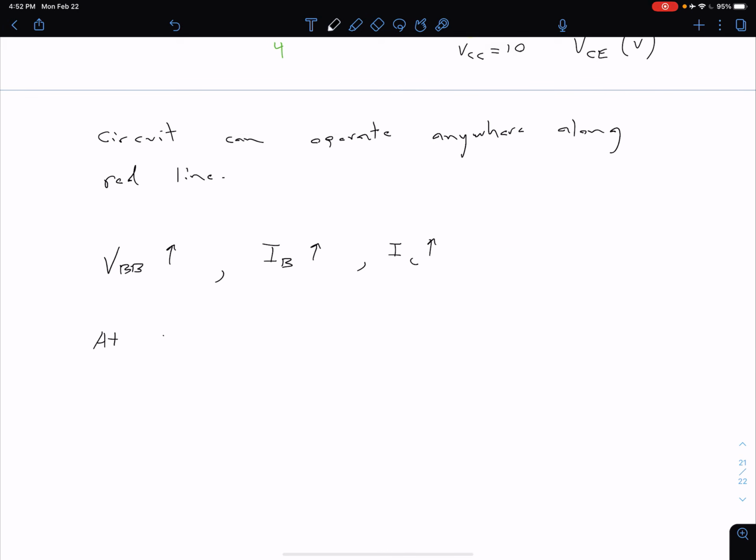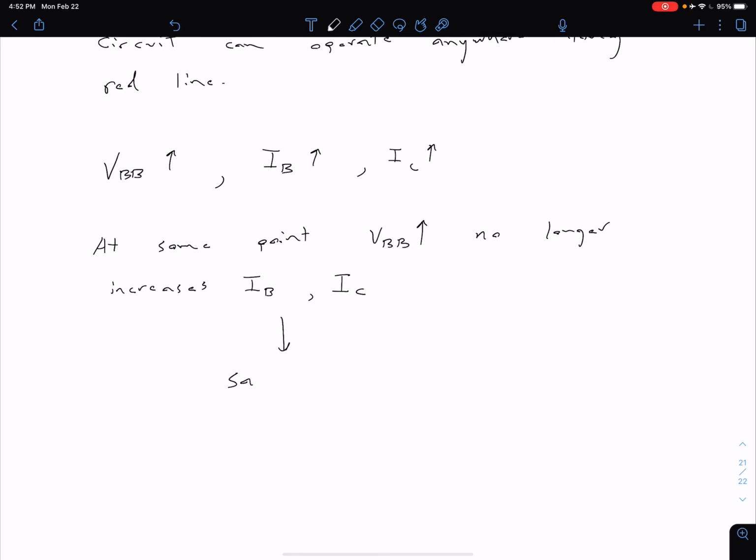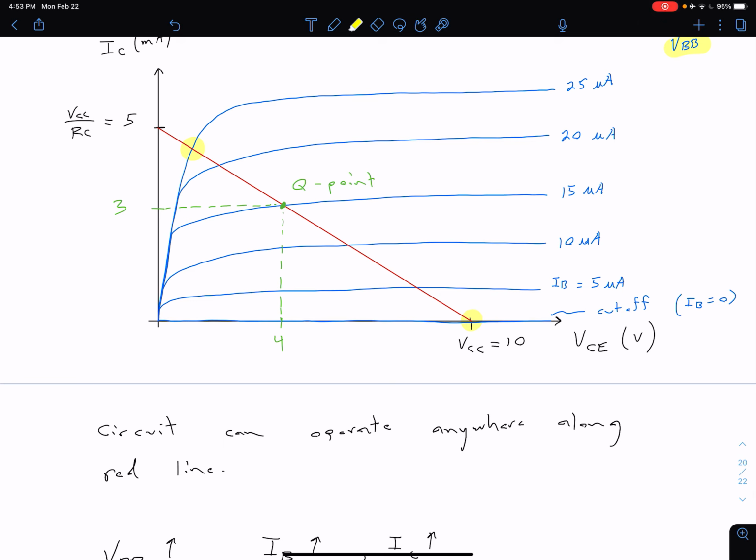So at some point, increasing our VBB no longer increases IB or IC. And as you might imagine, we call this region our saturation region. So we've entered the saturation region, or we could say that our device has become saturated. As we can see, we keep increasing VBB, but we just stay here at this value.